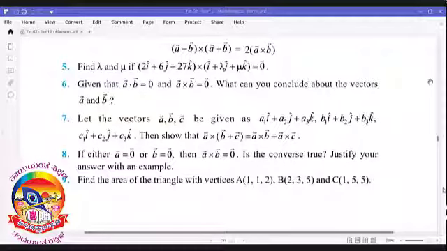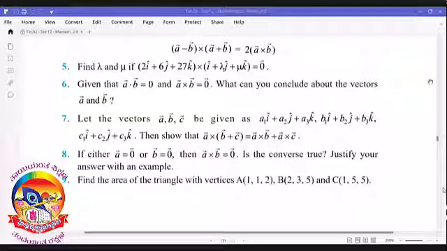In only one problem, he has given you two conditions. A bar dot B bar is equal to 0 means the two vectors are perpendicular to each other. Similarly, A bar cross B bar is a null vector means A bar is parallel to B bar.